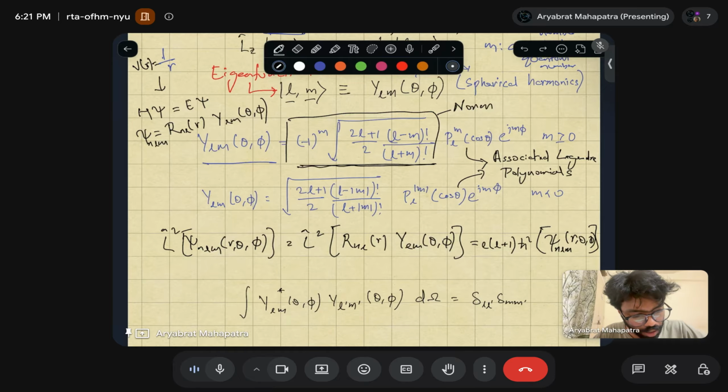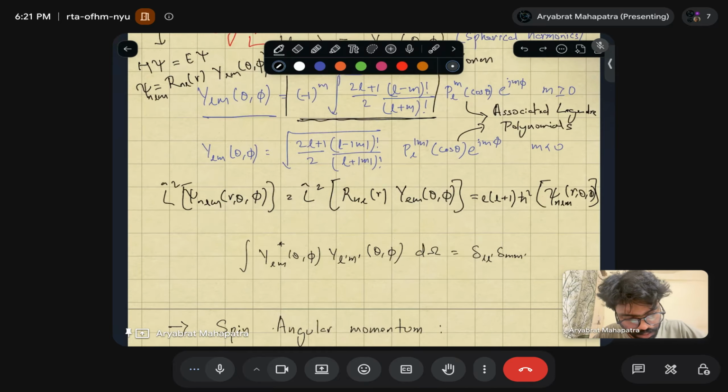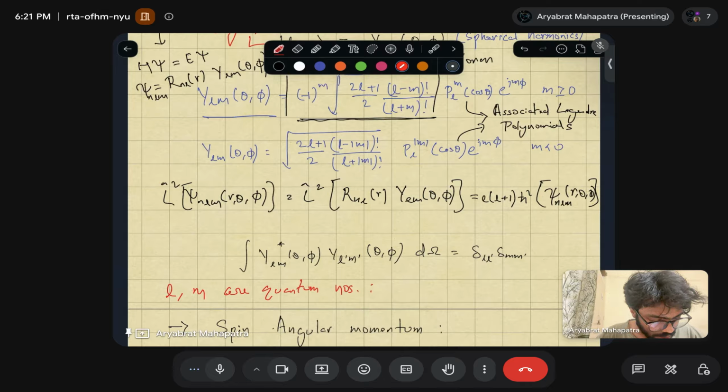So l and m are purely quantum numbers, where the value of m is basically decided by the value of l. It will go like minus l, minus l plus 1, minus l plus 2, up to plus l.